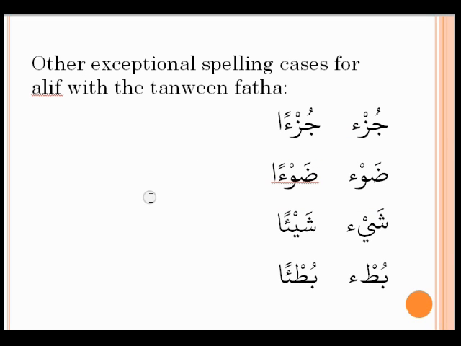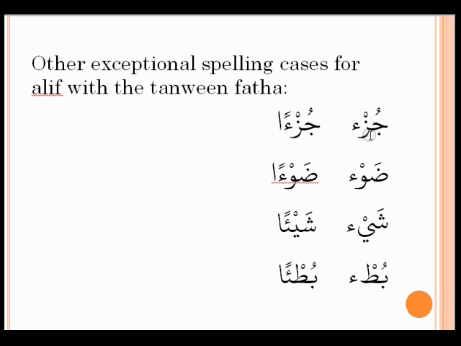Other exceptions to the spelling of alif with the tanween fath are not about adding the alif or not, but about how best to attach the alif to the noun. So we'll look at these examples. The first word, juzu, ends with a hamza sitting on the line, while the letter before it is a non-connector.